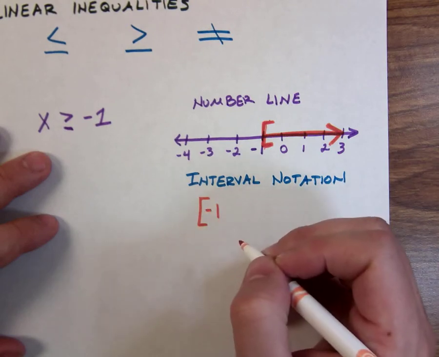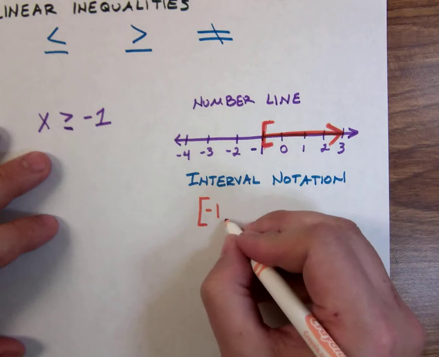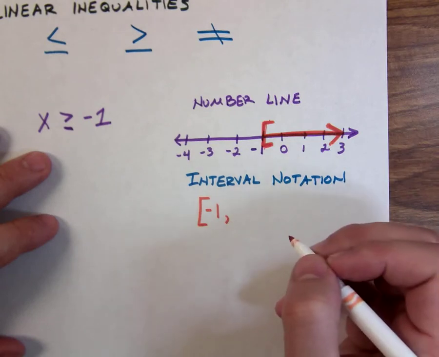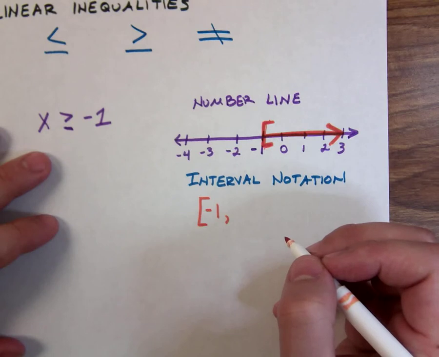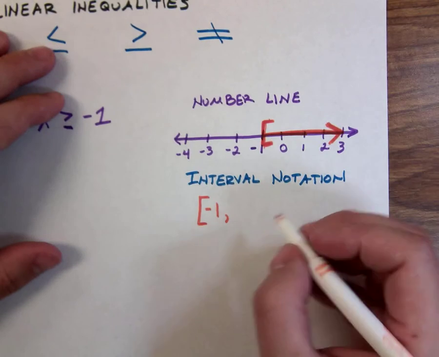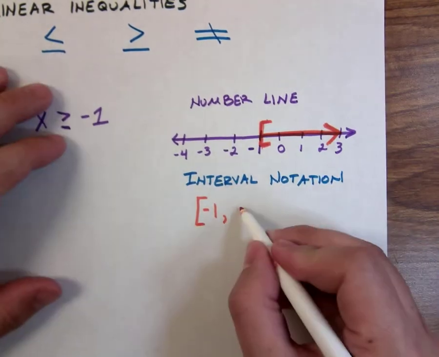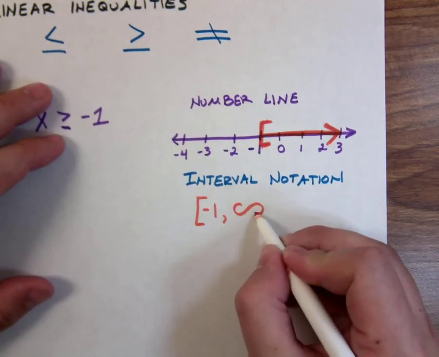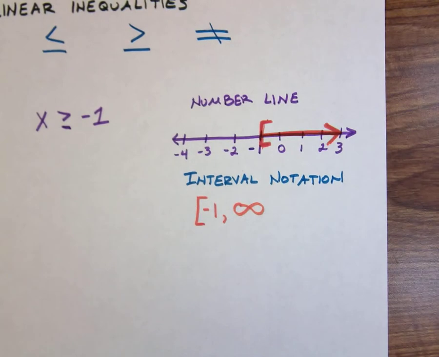We put a comma, and then we put the highest number in our range. Now our range was -1, 0, 1, 2, 3, 4, etc. What's the highest that ever goes? You said infinity, right? Infinity there. Literally infinity.